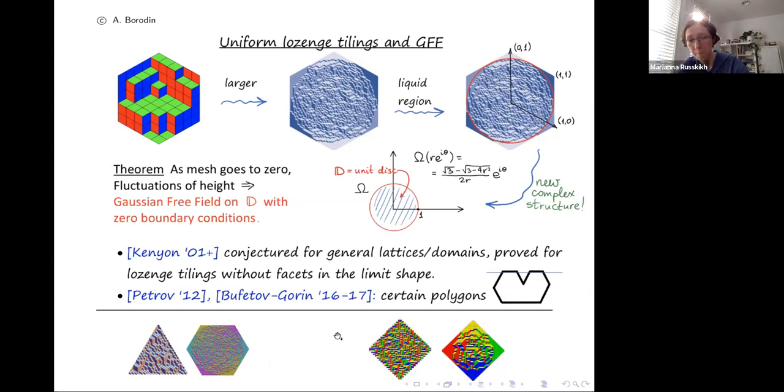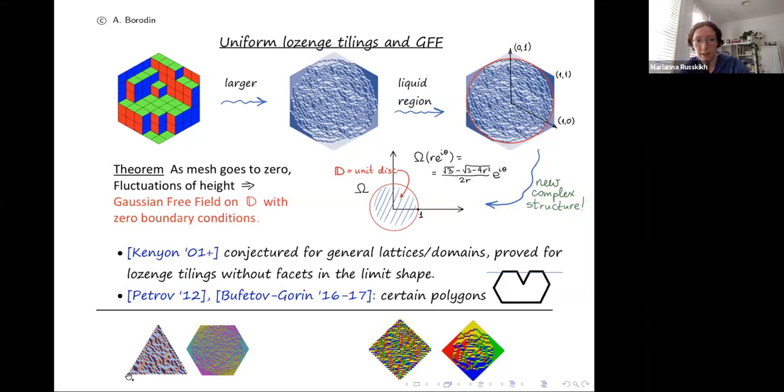And so for a non-flat case, for some boundaries which are polygons, the convergence was shown for some boundary conditions using integrable probability and asymptotic analysis.